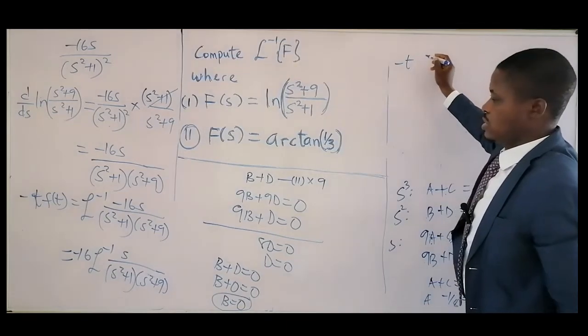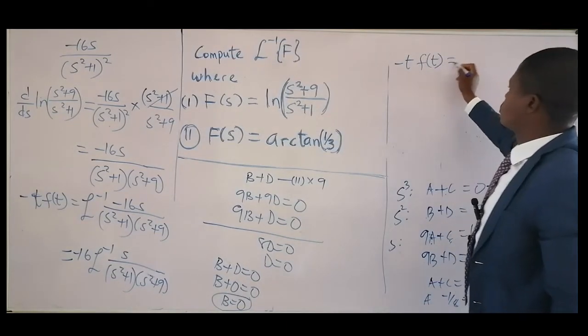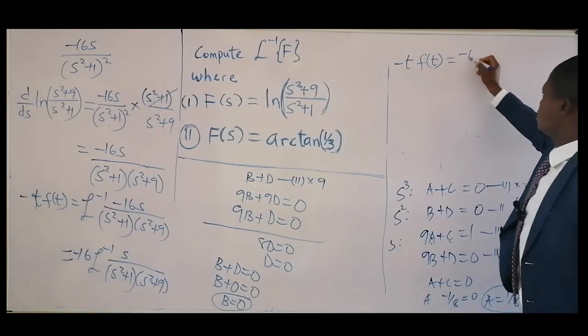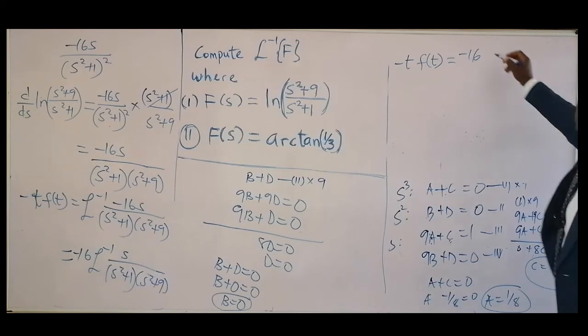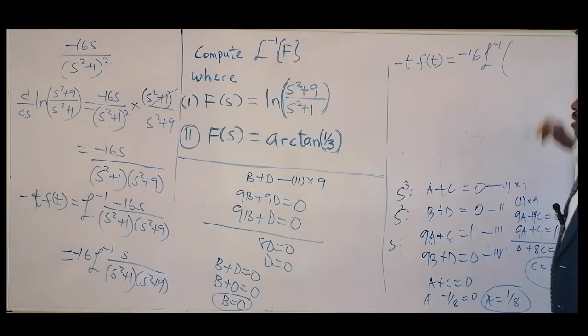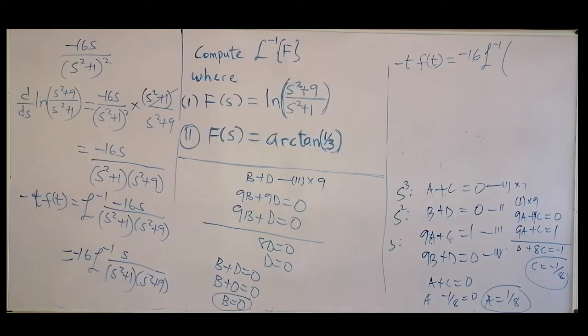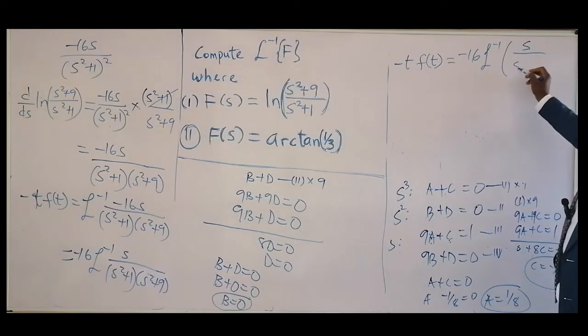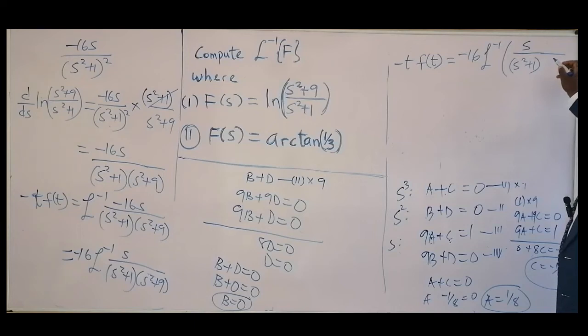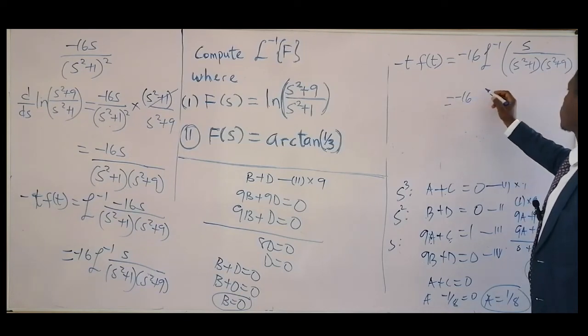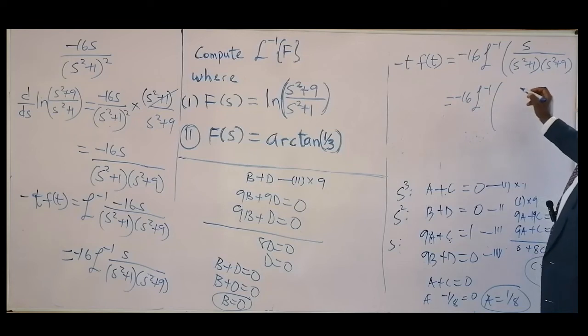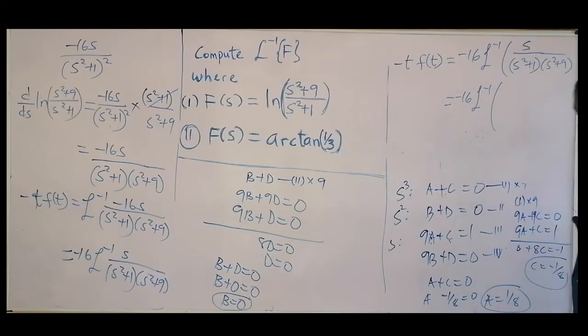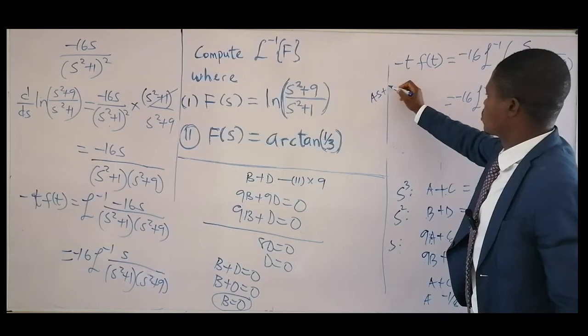Minus t f(t) equal to minus 16 times the inverse of x over (s² + 1)(s² + 9), which is equal to minus 16 times the inverse of what we said is (ax + b)/(s² + 1) plus (cx + d)/(s² + 9).